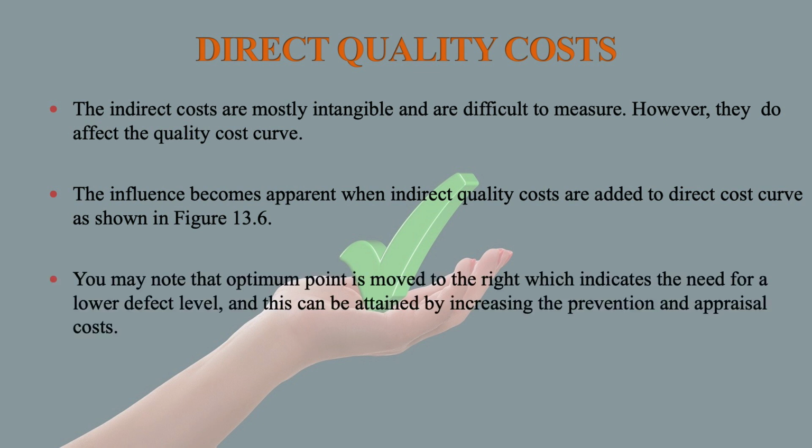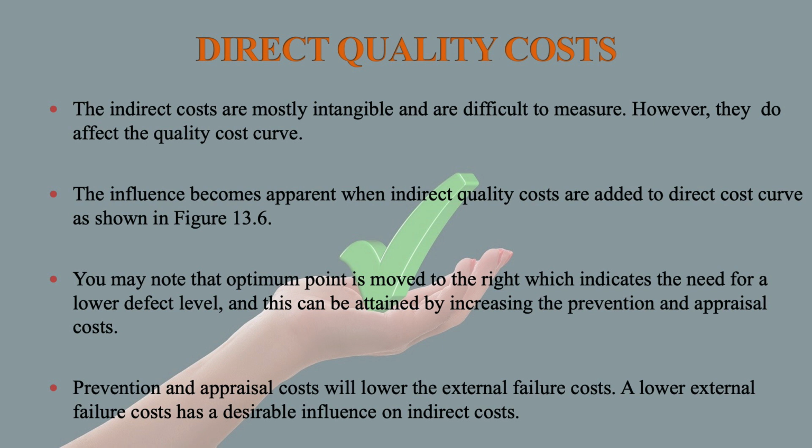You may note that the optimum point is moved to the right, which indicates the need for a lower direct level, and this can be attained by increasing the prevention and appraisal cost. Prevention and appraisal cost will lower the external failure costs. A lower external failure cost has a desirable influence on the indirect cost.